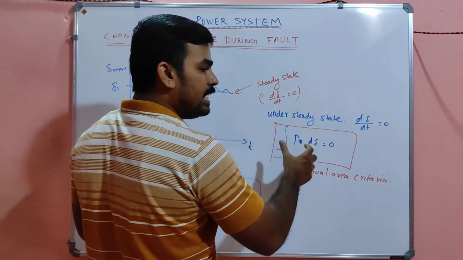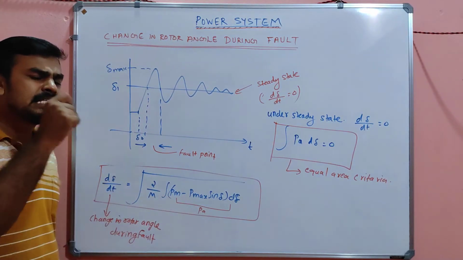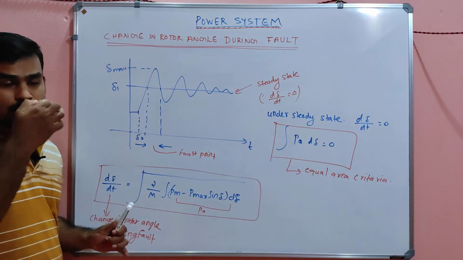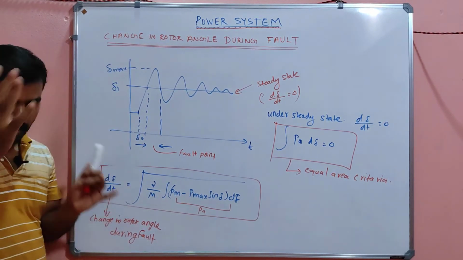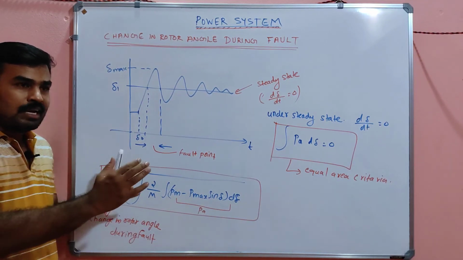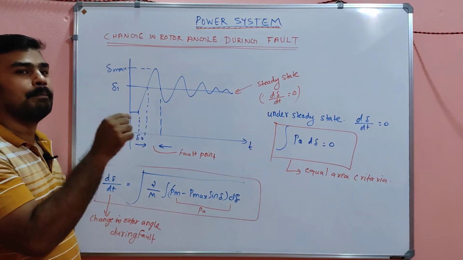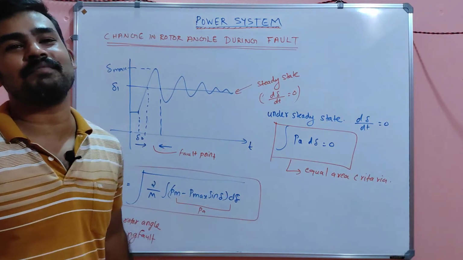So the total area of acceleration power being 0 means there is something in the graph or plot which is equal and opposite to the acceleration power. That is why the net acceleration power will be equal to 0.